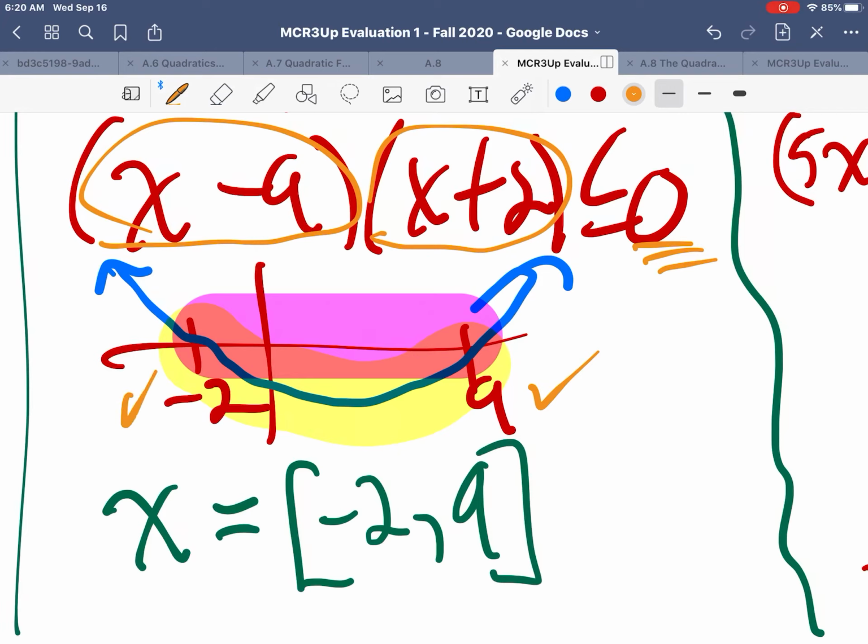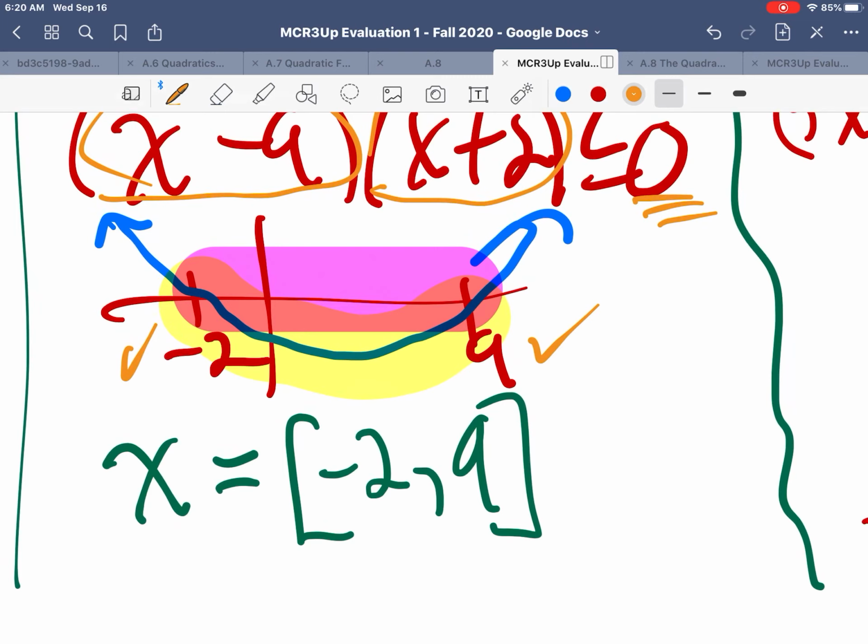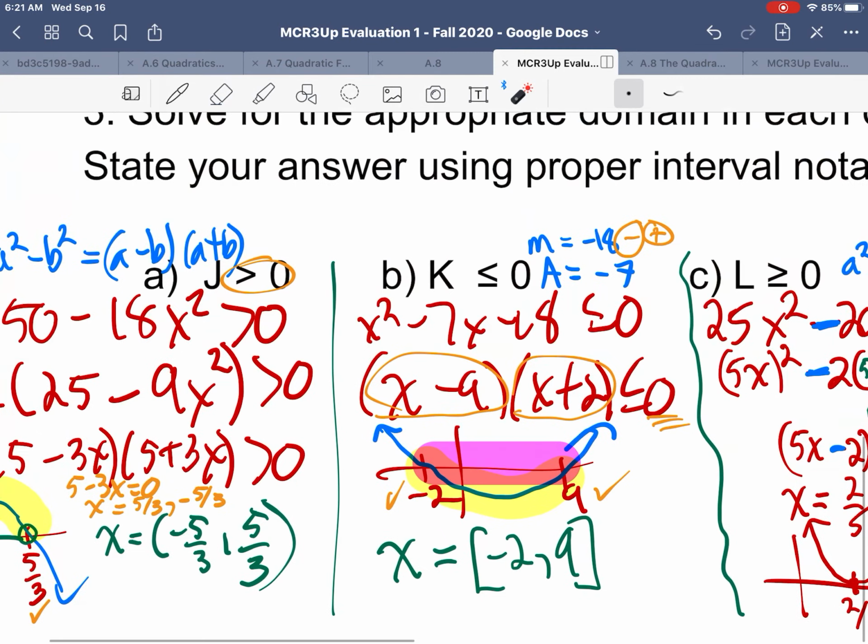Now this one says less than or equal to 0. That means the y value is below the x-axis. That's been highlighted in yellow. So when the y value is down here, it's below, that means the x value has to remain in between negative 2 and 9. And this time it's square brackets because it's less than or equal to.